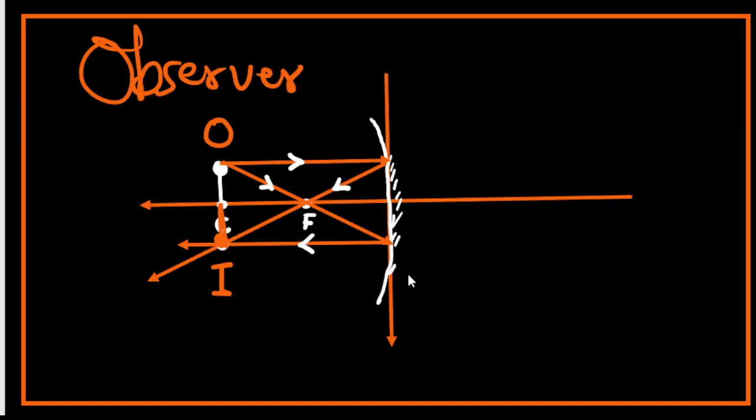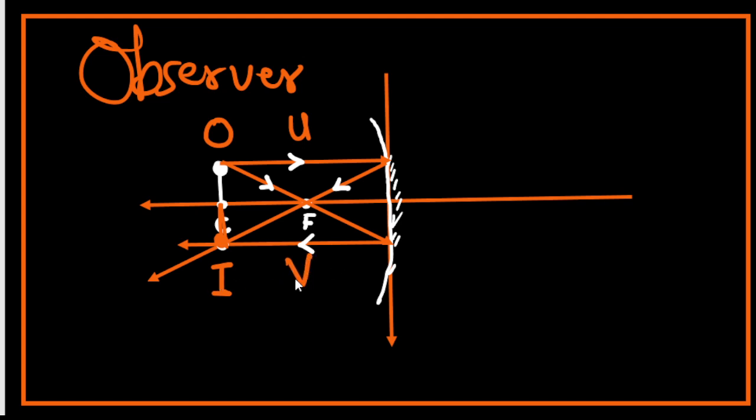Lastly, if you compare the size of the object and the image, provided you draw a very neat diagram, you are going to have the same size. They have the same size and the same distance. So this U here represents object distance between the object and the mirror, and V here represents image distance.